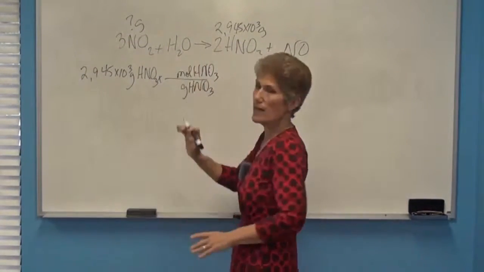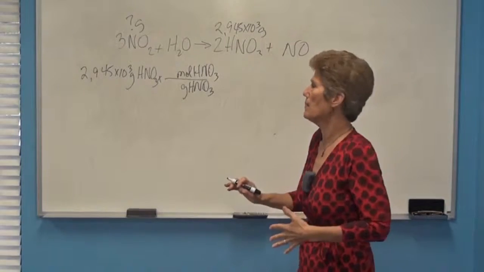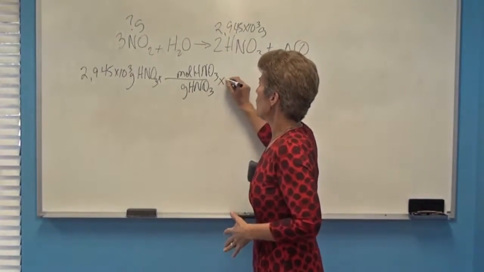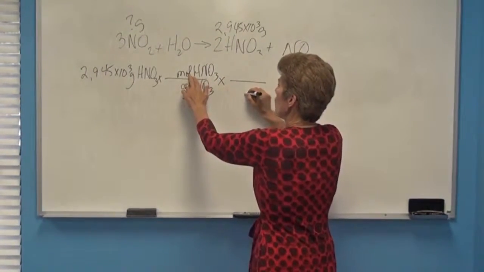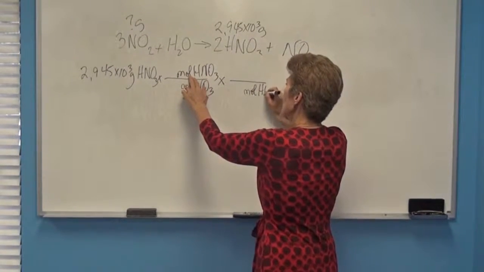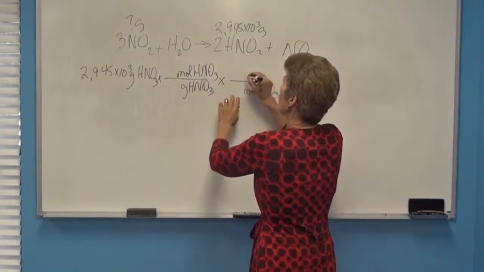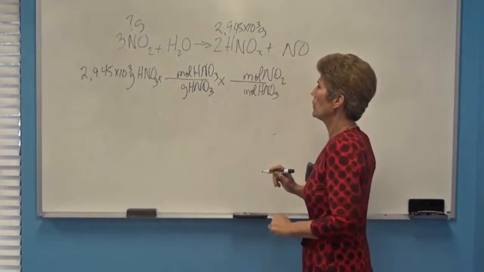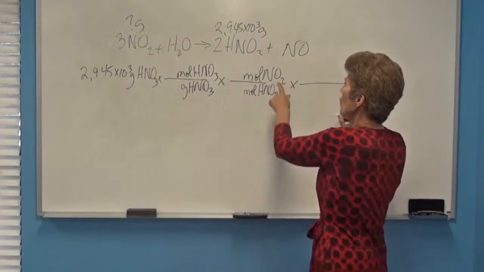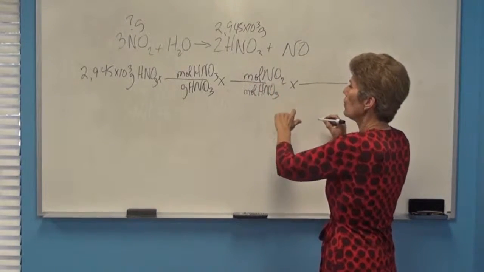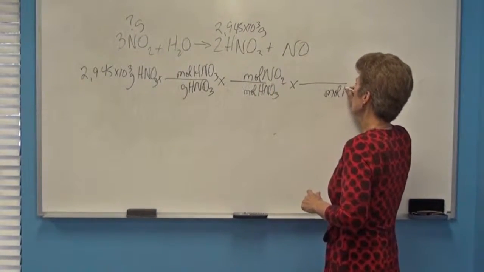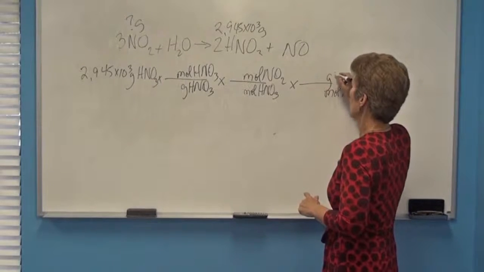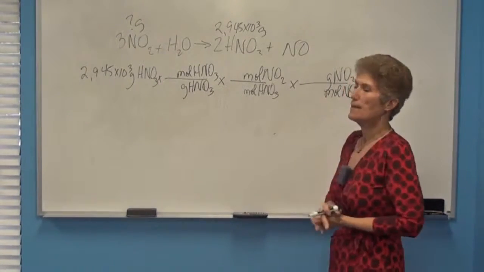If you have grams of one, it has to be moles of the same substance. Then we want to go across the mole bridge. So I'm going to go moles of HNO3, and I want to get to moles of NO2. Then from the moles of NO2, I want to go back to the grams of NO2. And that way I'll be where I need to be.